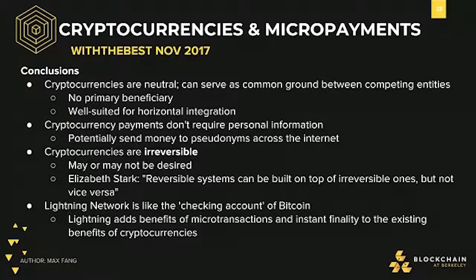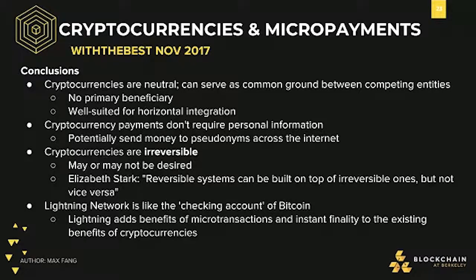And the nice thing also is that these cryptocurrencies are irreversible. Depending on your use case, this may or may not be desired, but as Elizabeth Stark says, reversible systems can be built on top of irreversible ones, but not vice versa. Because you have irreversibility at the base layer, this enables you to have a very low cost, efficient base layer.